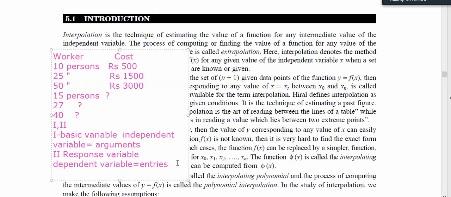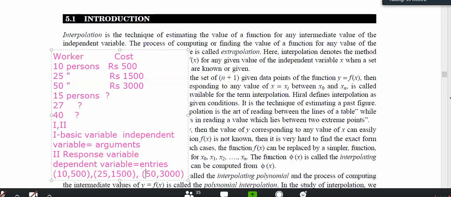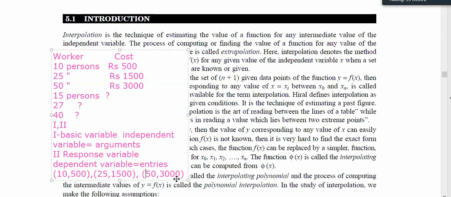One set of data is 10 and 500, another set is 25 and 1500, and the third is 50 and 3000. Mathematically, this is the result, the dependent variable.